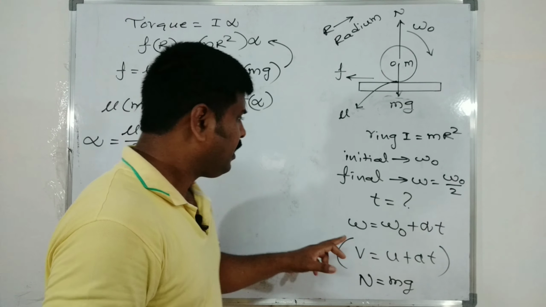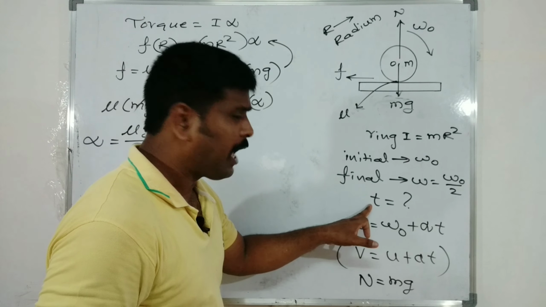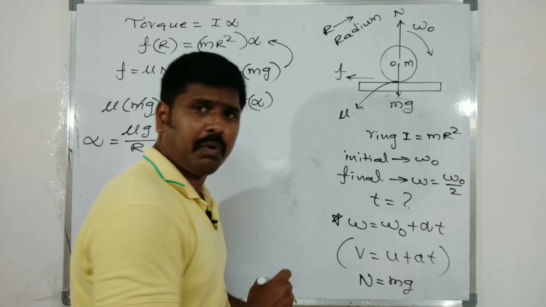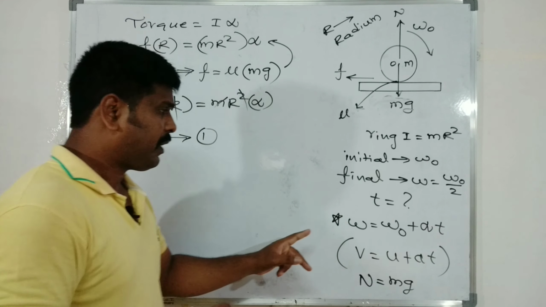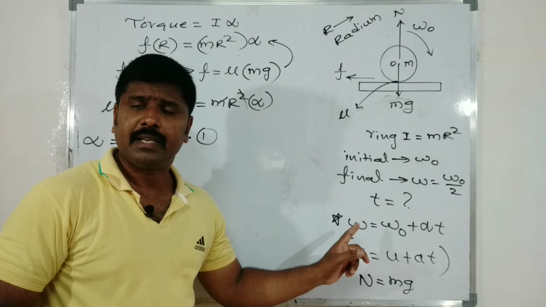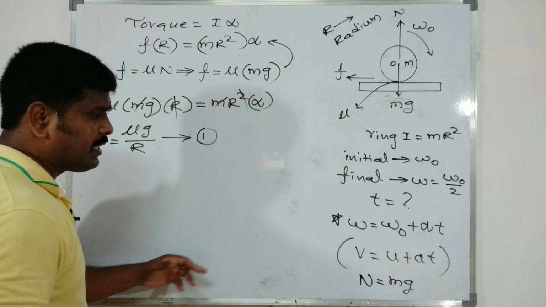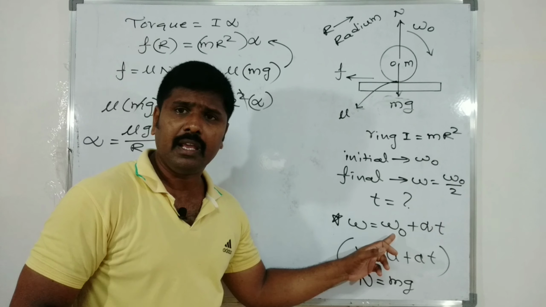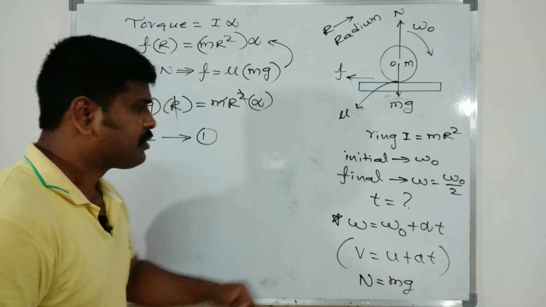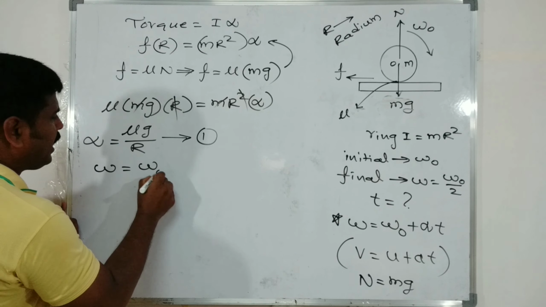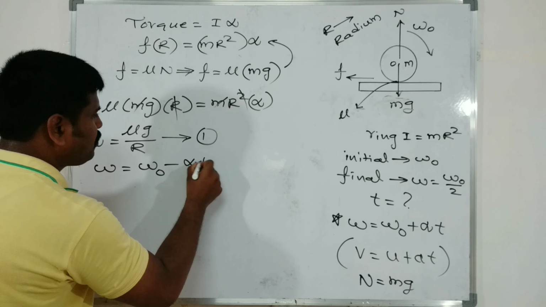What is being asked? Time. That's why we use the equation of motion. For rolling bodies, we have to consider angular values. This is the final velocity and this is the initial velocity. So omega is equal to omega naught minus alpha into t.